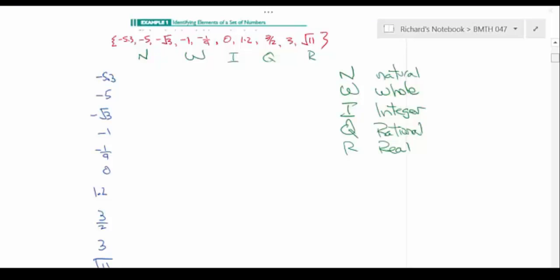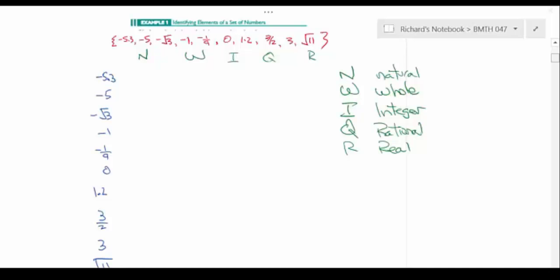I've indicated the natural numbers, the whole numbers, the integers, rational numbers, and real numbers. Here I've identified the different symbols. R is for real numbers, Q for rational, I for integers, W for whole, N for natural. So let's get started. All right, negative 5.3.